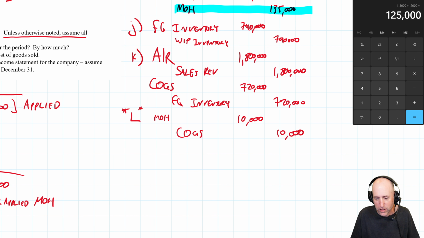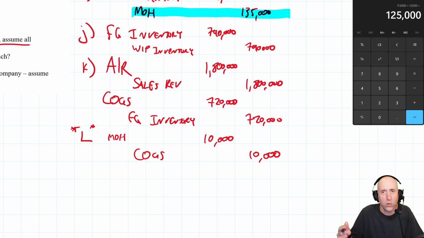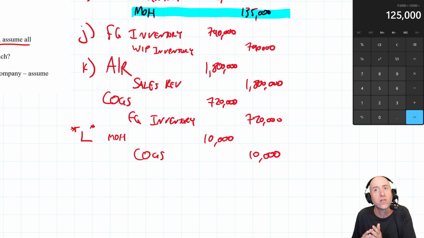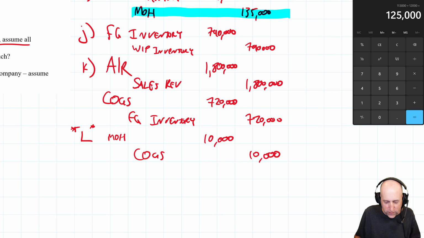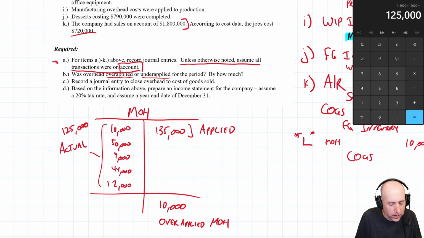So if I want to fix this, well, remember, I've sold most of those things. I've charged cost of goods sold based on having too much overhead. I've charged cost of goods sold $10,000 too much. How do I fix it? Well, I reduce my cost of goods sold in a journal entry. I debit MOH to make it zero. I credit cost of goods sold to reduce it to its more accurate number. And there we have it. We've fixed our cost of goods sold.